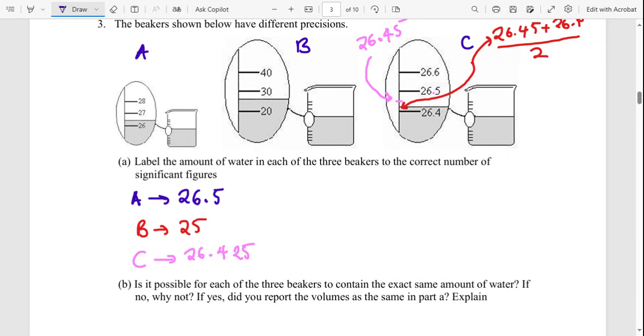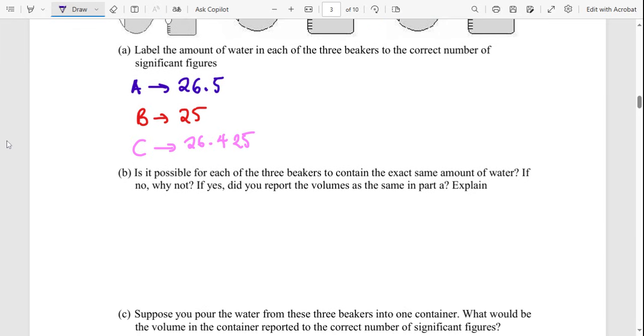Yes, it is possible. But what will make you read different things is basically errors. We call them errors in reading, random errors. They are because of the calibration of the instrument. We cannot do away with them. The second part says, if yes, did you report the volumes as the same in part A?